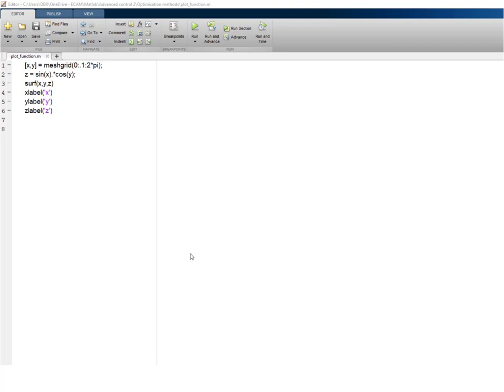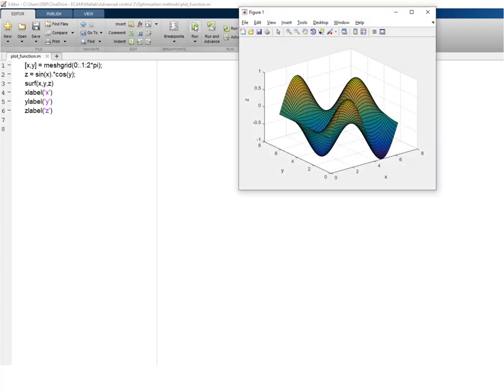If you have access to MATLAB, what you can do is verify the result that you have obtained by using a surface plot and this MATLAB code over here. So let's do this.